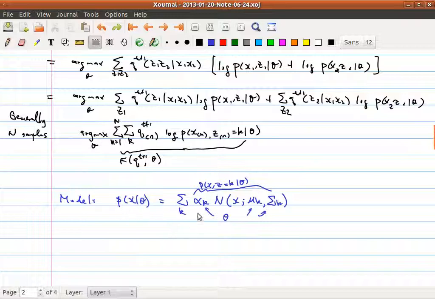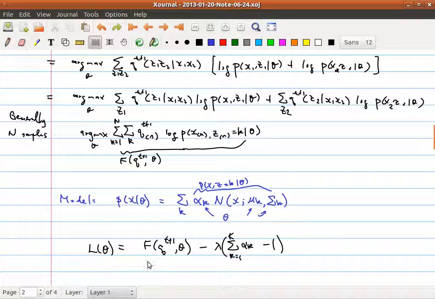So p(x | theta) is like this, a sum over p(x, z | theta). z is the latent variable, and we have this pi multiplied by this probability. This one is this Gaussian kernel here. So therefore you can see the parameters really are alpha, mu, and sigma here.